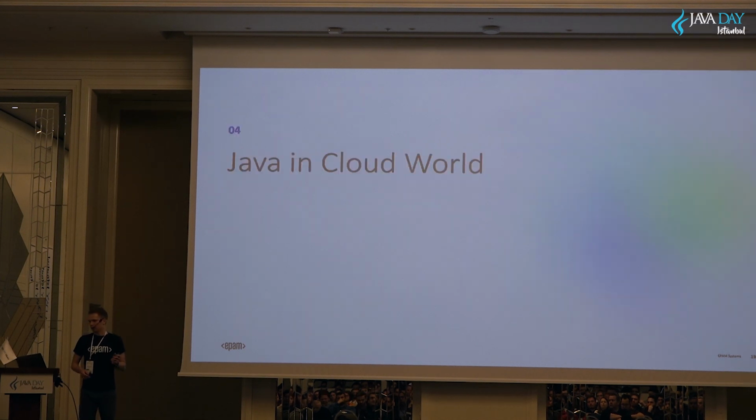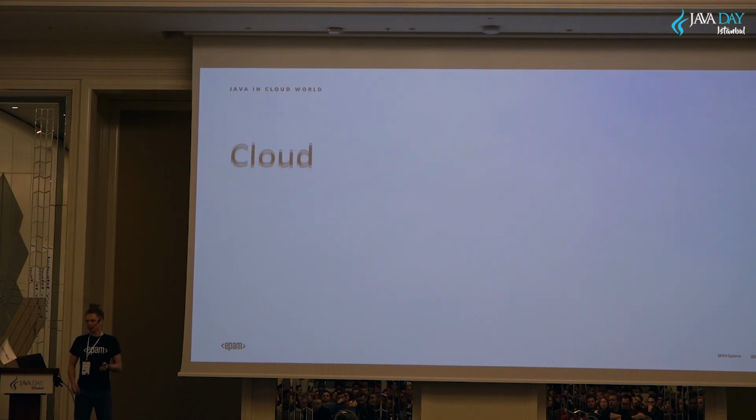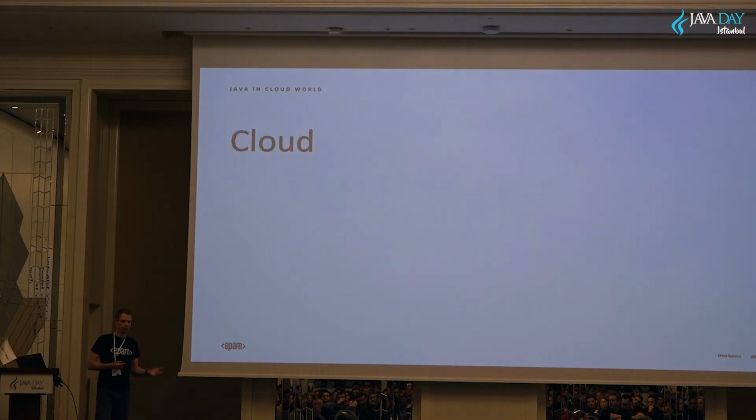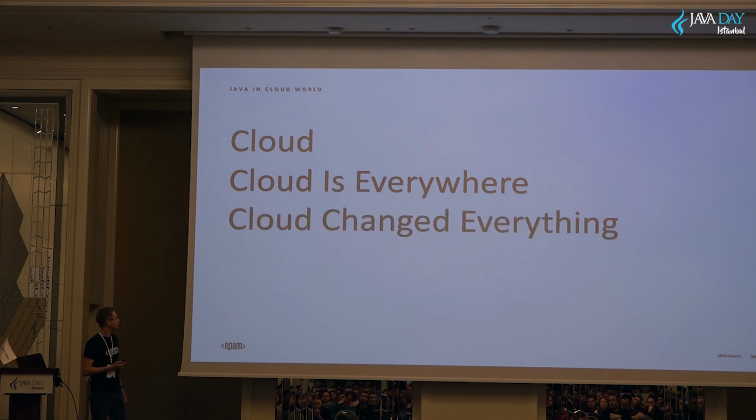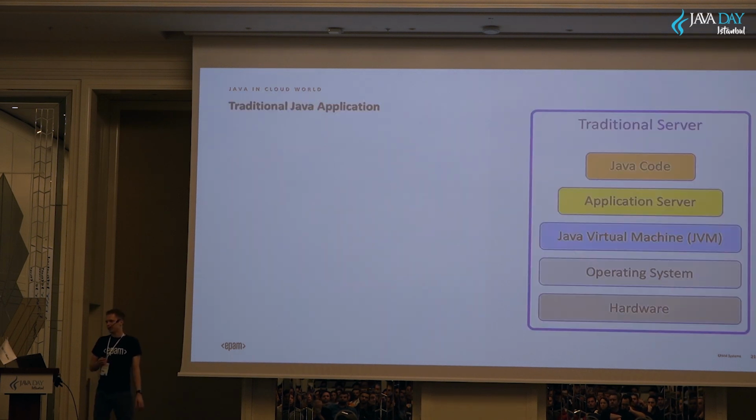And now let's switch to Java. As you know, cloud is everywhere, and cloud changes everything. Now I would like to talk about whether Java is adapted to the cloud. To answer this question, I need to go back several years, to when we had the traditional Java server.